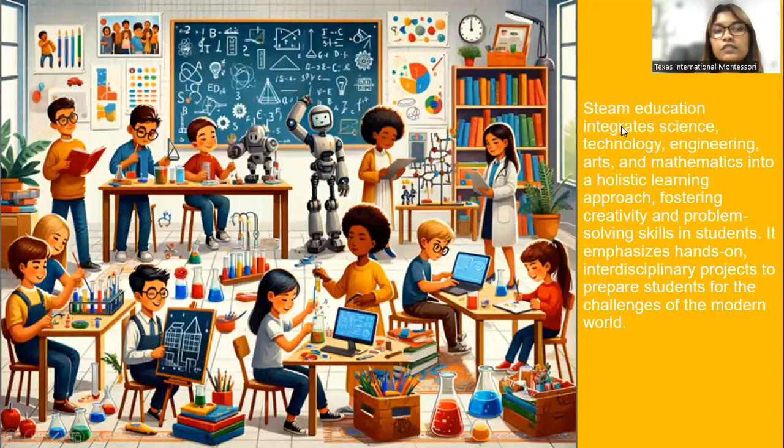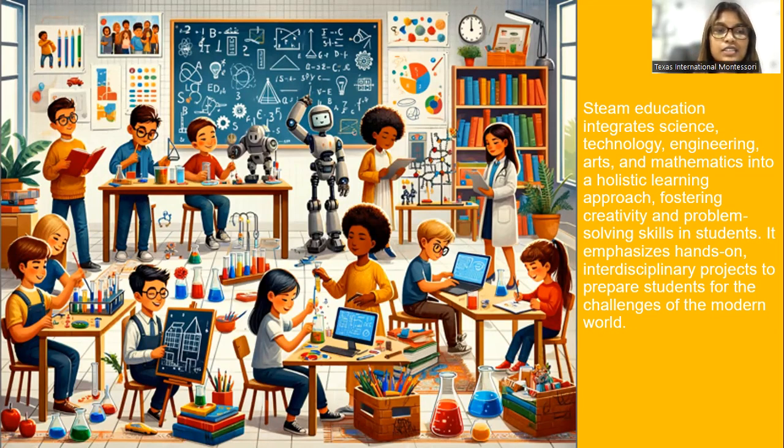So, here's a visual representation of the STEAM classroom. It says that STEAM education integrates science, technology, engineering, arts, and mathematics. Here we can clearly see that one group of children is engaged in doing technological work, another group is engaged in doing experimental work in science, and another group is making and creating things, so engineering.